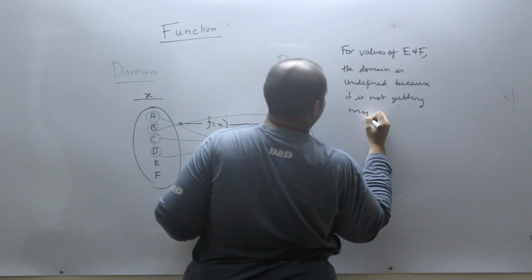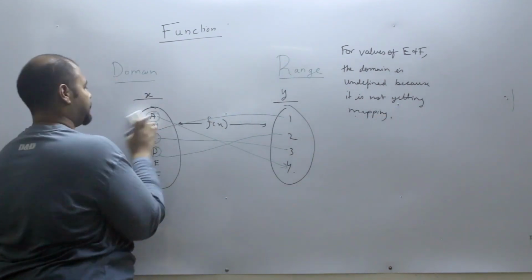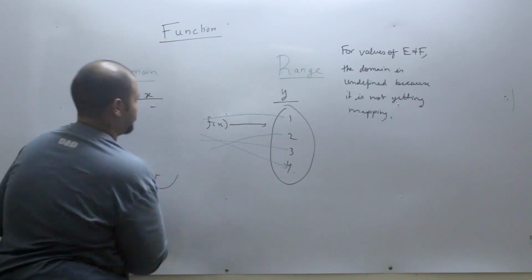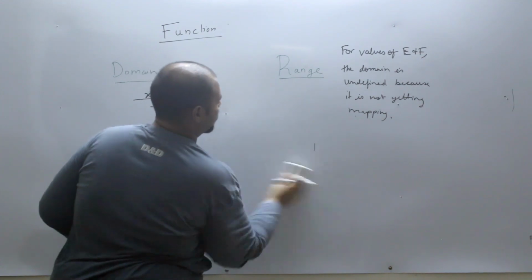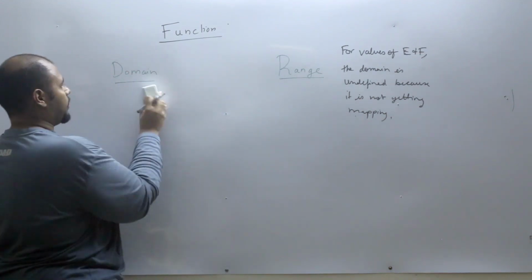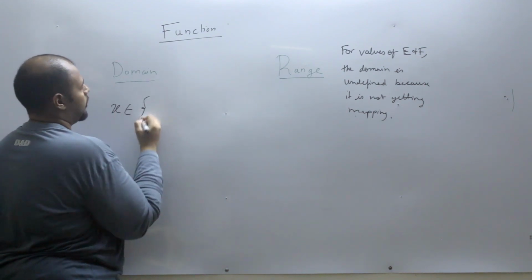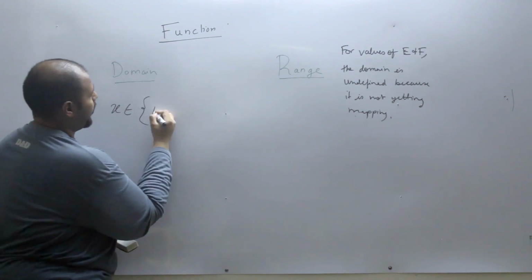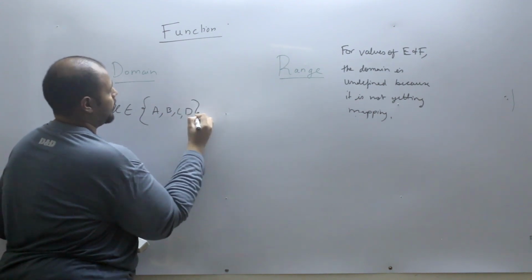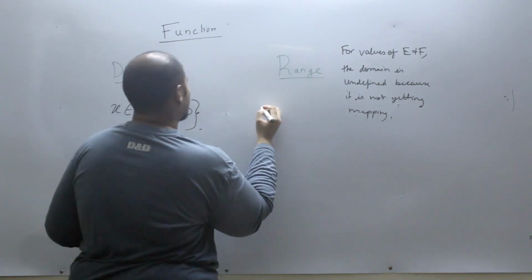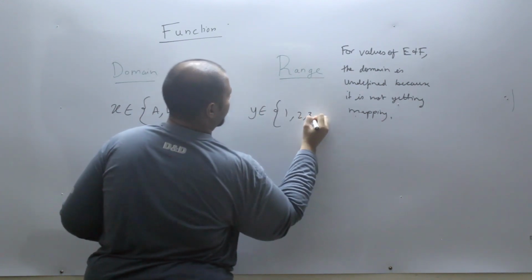If I write the range and domain, what will you get? I can write it like this. Your domain is x belonging to, in terms of set, A, B, C, and D, and your range is y belonging to 1, 2, 3, and 4.